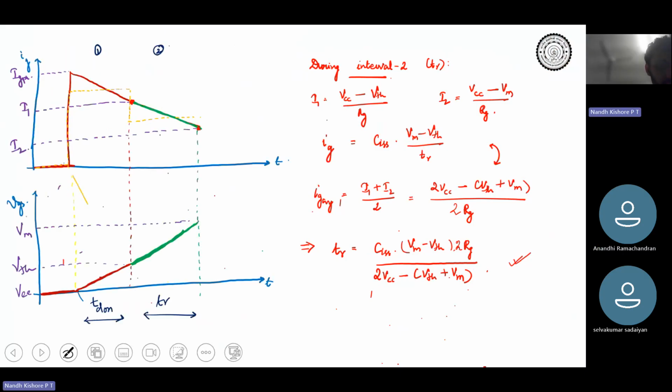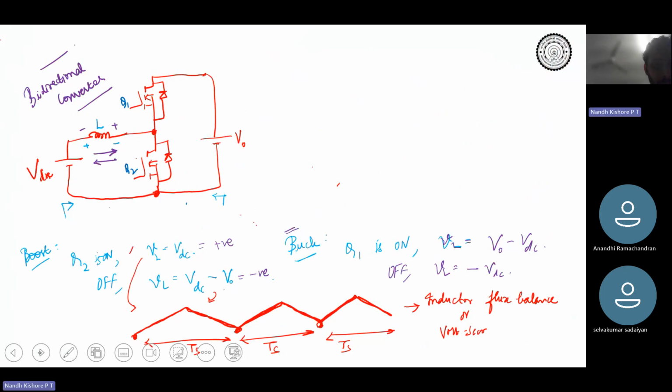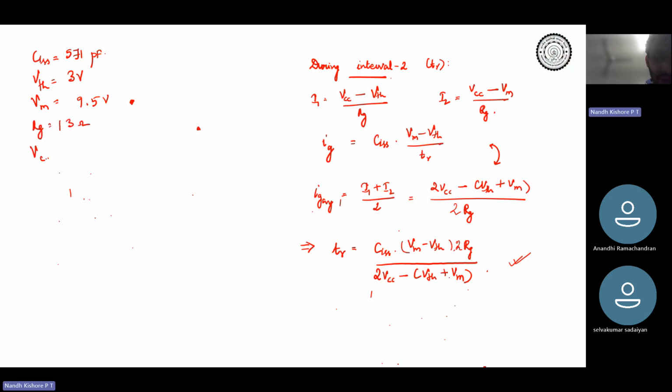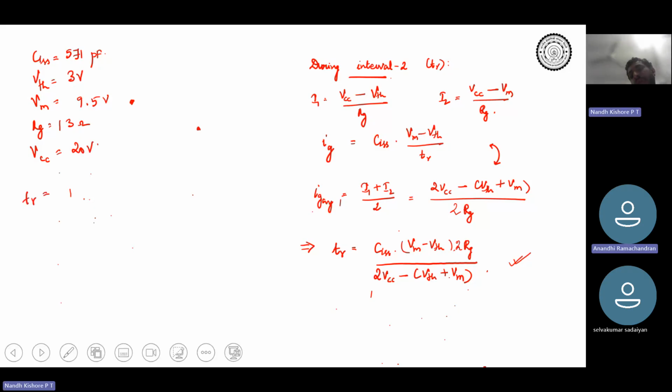I forgot. 9.5 volts. RG is 13 ohms. VCC is 20 volts. Can you find out what is TR? Just substitute these values. Tell me in nanoseconds if you compute.